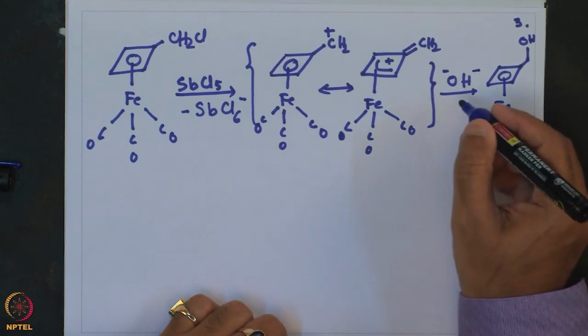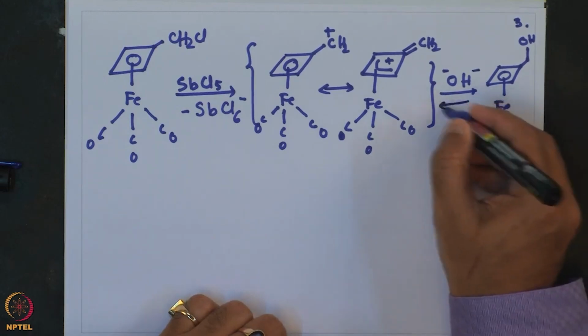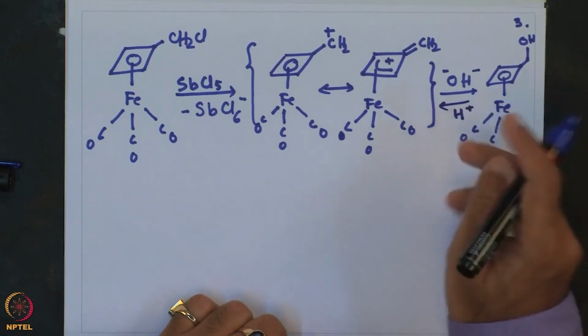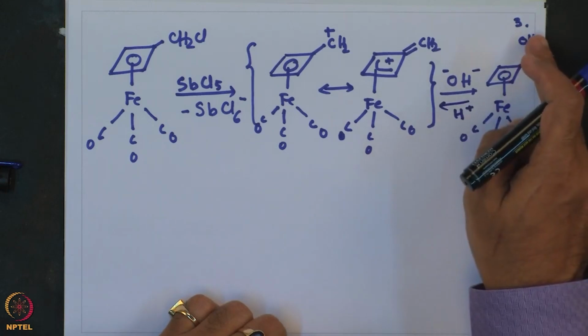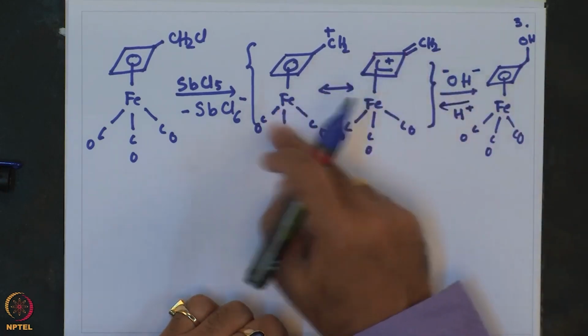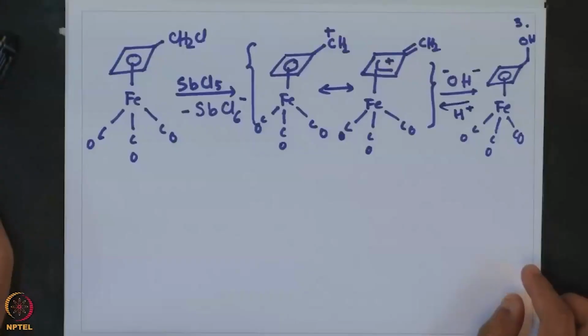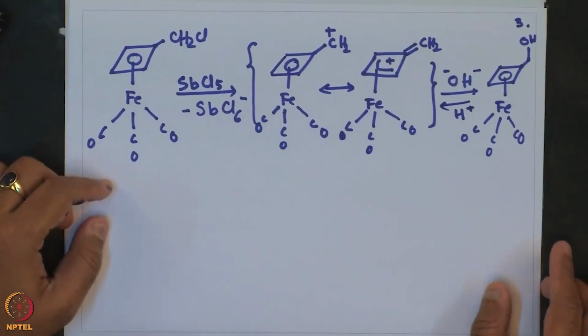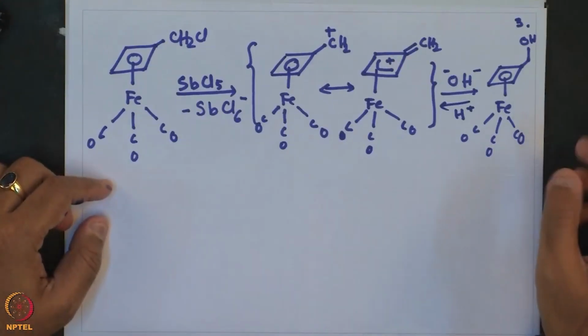Likewise, one can go in reverse by having a proton which will protonate this alcohol, and then eliminating water, one can also generate this cyclobutadienyl stabilized cation, which can then further undergo solvolysis.